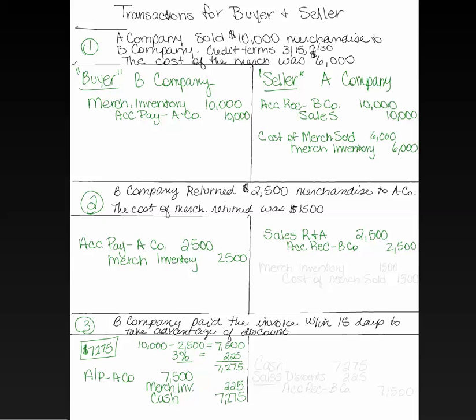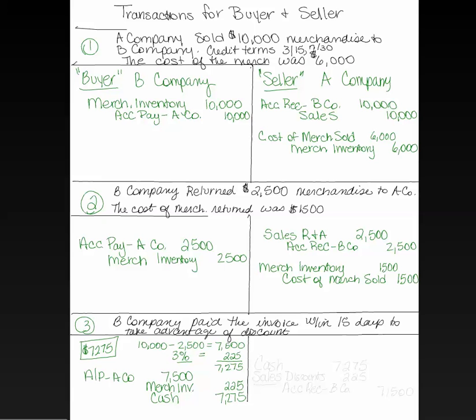Because if you return a product, then you don't have to pay for that product. And then I'm going to reverse that second entry, which happened in number 1, by debiting merchandise inventory and crediting cost of merchandise sold. Because I didn't sell it, so I'm going to take it out of there. And the cost of what was returned is $1,500.